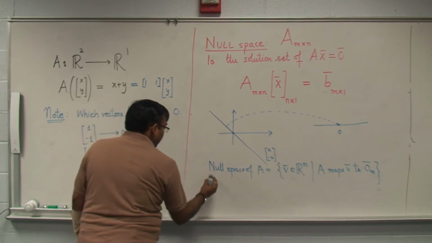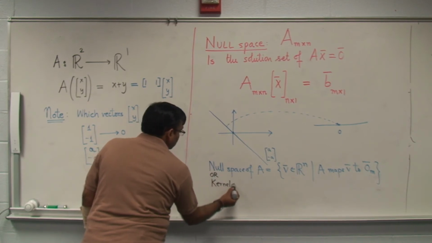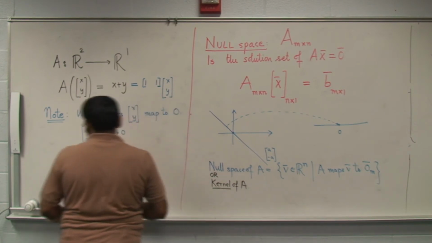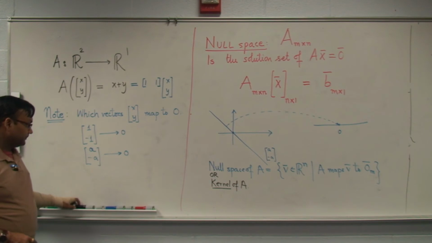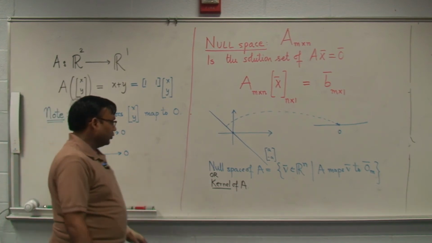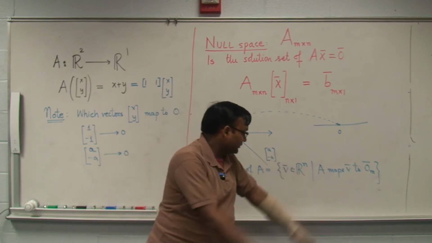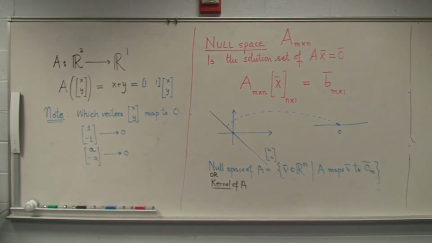Sometimes it is also called the kernel of A. Kernel is a more popular word in algebraic settings, but many linear algebra authors also use the word kernel. Kernel basically means core. So knowing which things go to the 0 vector somehow tells you the core aspect of your function or your matrix.